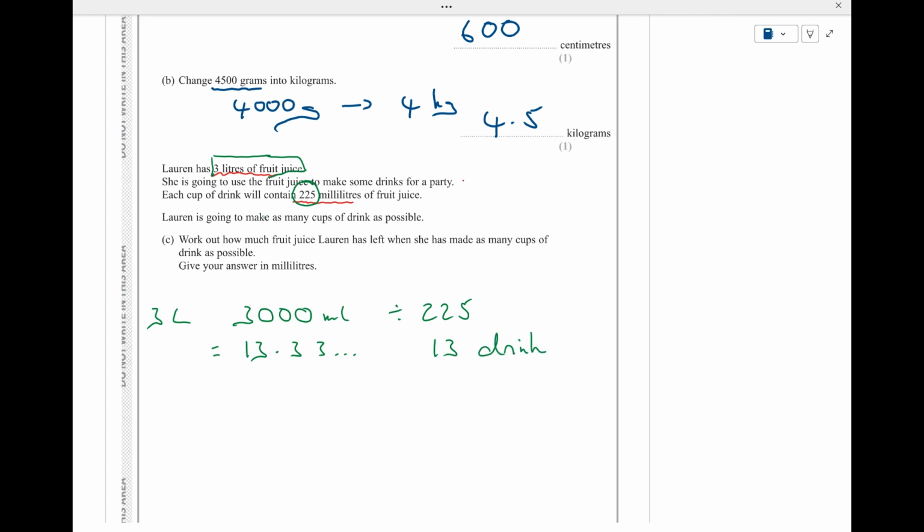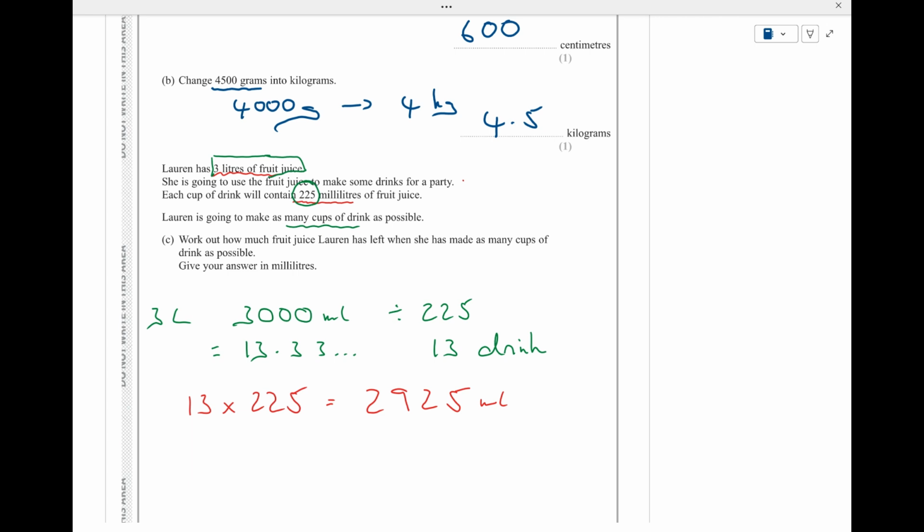Let's have a look. Lauren is going to make as many cups of drink as possible. Work out how much fruit juice Lauren has left when she's made as many cups. So I've already worked out she could make 13 drinks. Now, if she made 13 drinks, that would use this many milliliters of juice, 13 times 225. So she would have used 2,925 milliliters.